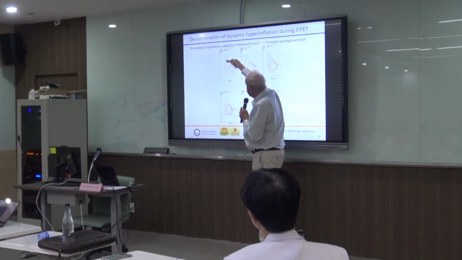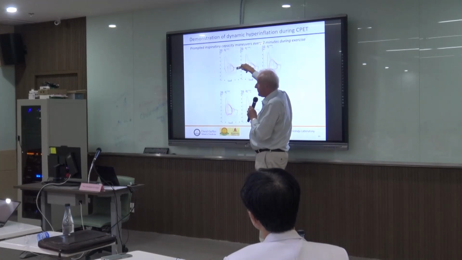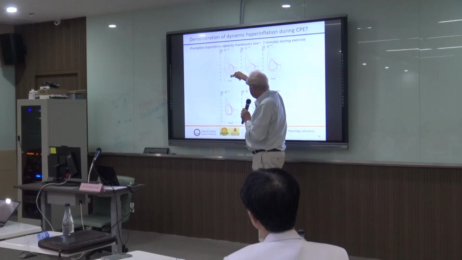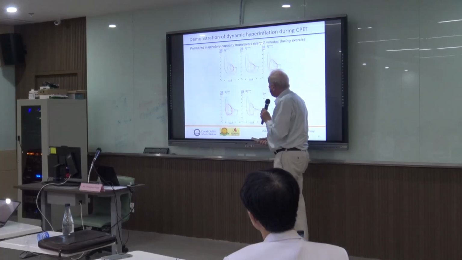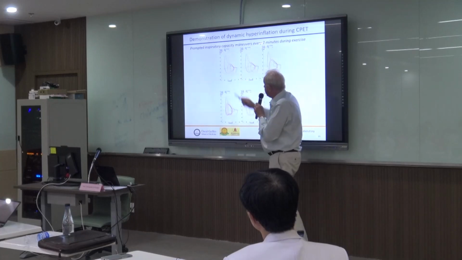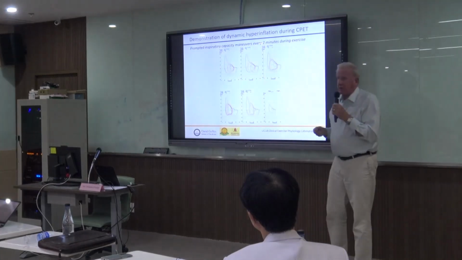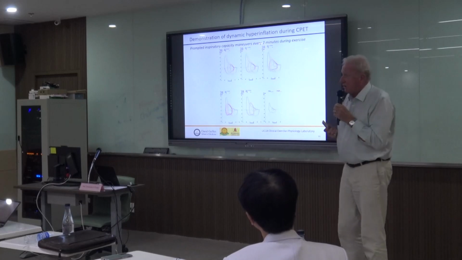Its expiratory limb is concave, consistent with an obstructive patient. The inspiratory limb is relatively normal. And then the red loops are the flow volume loops that can be captured during an incremental exercise test.